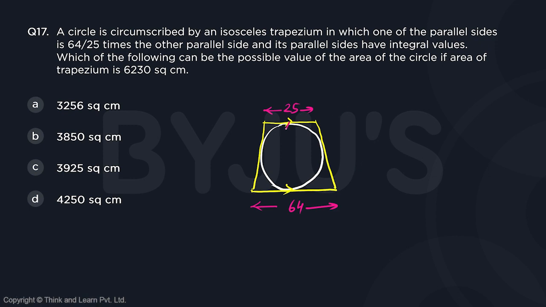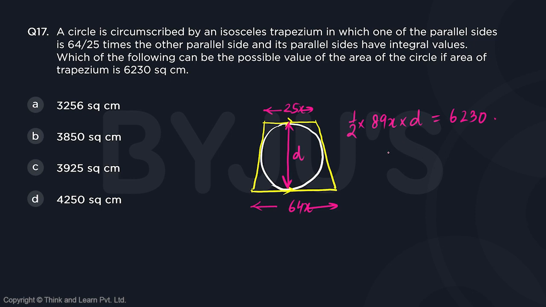The distance between the parallel sides is going to be the diameter of the circle as well, right? So from here, can we say half into the sum of parallel sides? Let's call these 25x and 64x. So half into the sum of parallel sides is 89x into the distance between the parallel sides, which is the diameter of the circle. This is given as 6230.